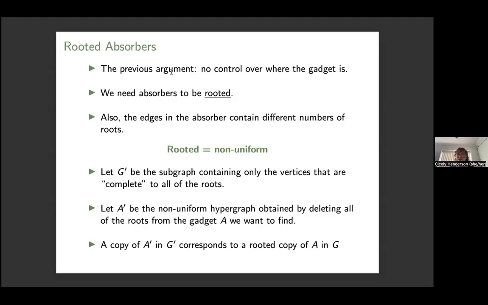So, as we talked about before, because each edge of A might have a different number of roots, what we get by deleting the roots is truly a non-uniform graph.